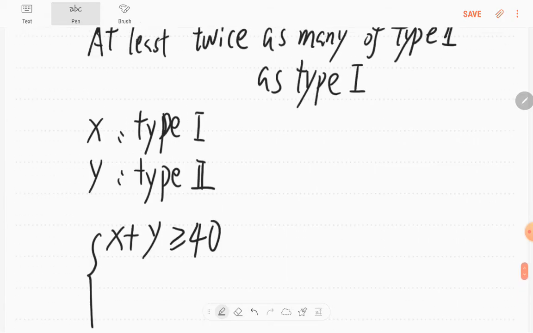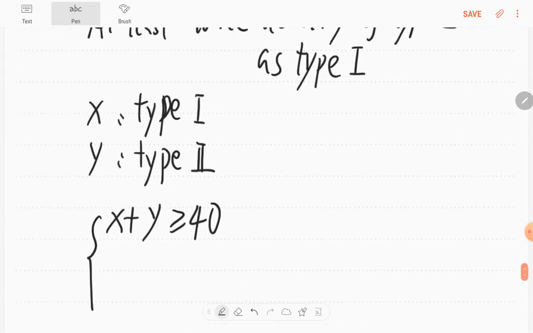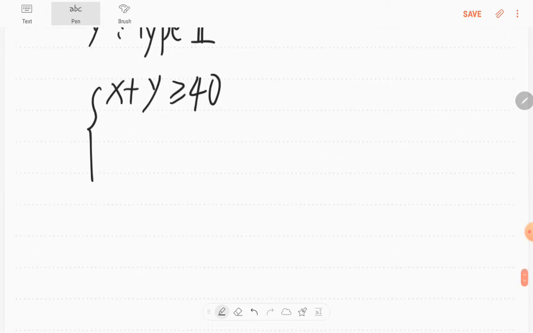Another one is at least twice as many of type 2 as type 1. So from this sentence we know type 2 is more than type 1, right? So twice. That means type 2 is at least twice type 1.